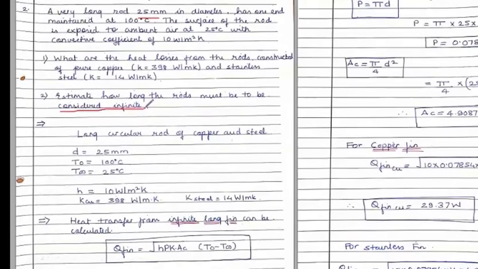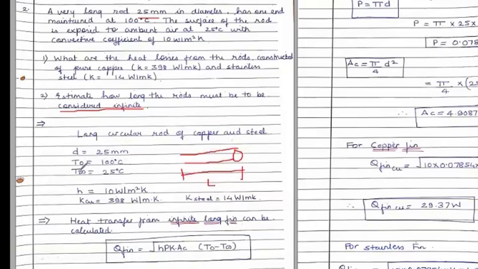So let's start with the numerical. What is given? A rod is given like this, right? The dimension, we don't know the length. The diameter is given, 25. The base temperature is given, T0, that is 100 degrees.